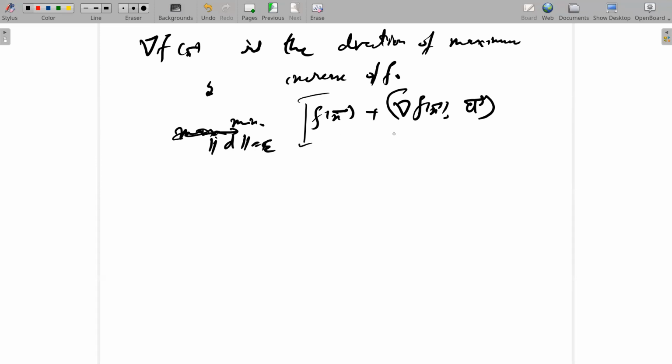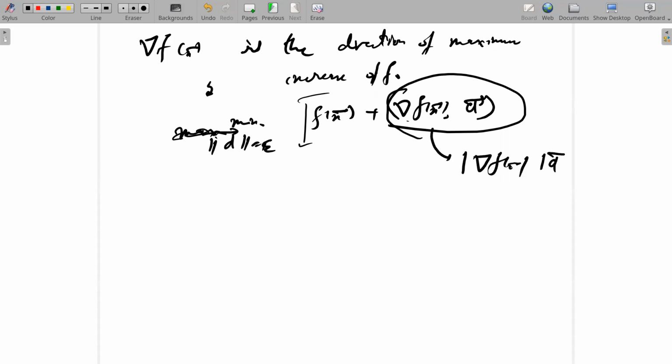So f of x is fixed. I want to minimize this quantity, and that will hold if and only if d is pointing in the negative direction of the gradient. These are inner products. So this is nothing but norm of grad f x, norm of d, which is epsilon, times cosine theta, where theta is the angle between them. These two are fixed numbers. The only thing I can really change is theta.